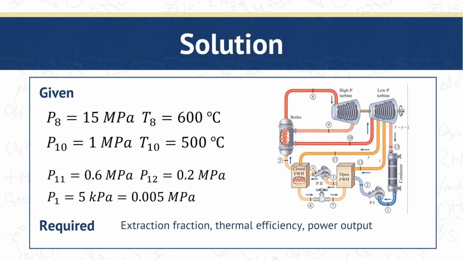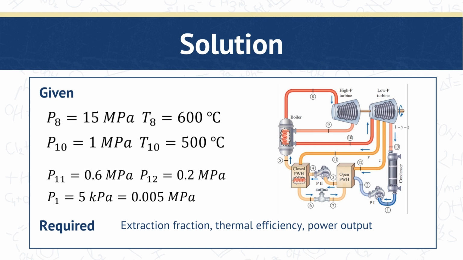To start off with this problem, we need to list down the given parameters. So as mentioned in the problem, for stream 8, the pressure is 15 megapascals and the temperature is 600 degrees Celsius. Stream 10 is 1 megapascal and 500 degrees Celsius. Stream 11 is 0.6 megapascals, and this stream 11 is used for the closed feed water heater.